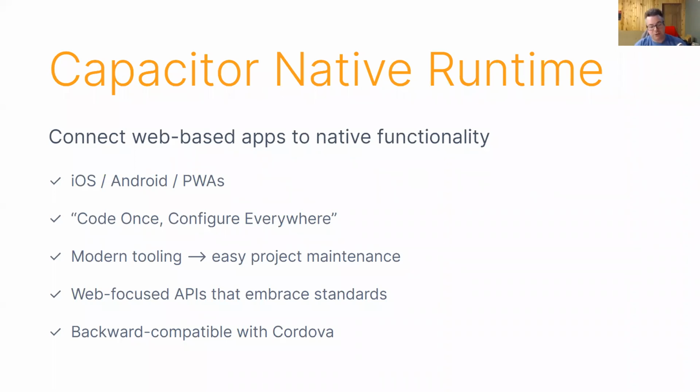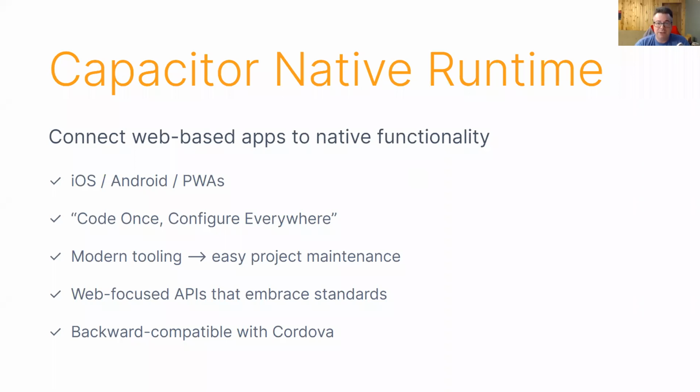Additionally, Capacitor puts a focus on standards. When you think about betting on a long-term strategy and a platform that's going to be there, we really highlight and talk about the web platform, of course, and browsers. What we wanted to do with Capacitor is, if we're going to give you web-focused APIs, we want to make sure that they embrace web standards. We're not building anything custom that you're going to run into issues with.